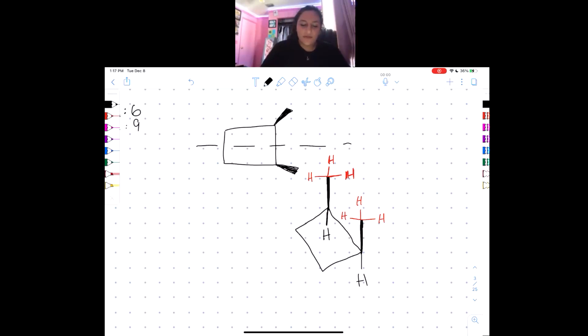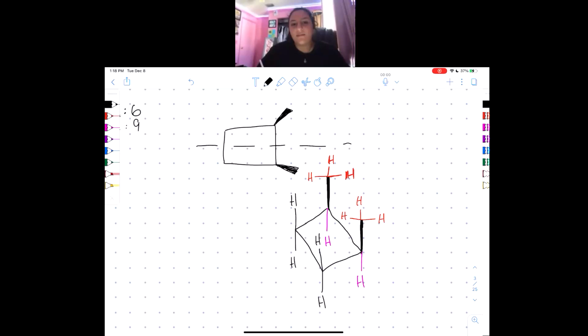So yes, because of symmetry, but also because when you think about it, they are seeing the same environment. So this hydrogen sees two hydrogens, this one is seeing two hydrogens, and they are both attached to a carbon that has a methyl. So the concept is symmetry, and then this is how we kind of understand why that makes sense. So then when we look at these two carbons, each of them has one hydrogen pointing up and one pointing down.